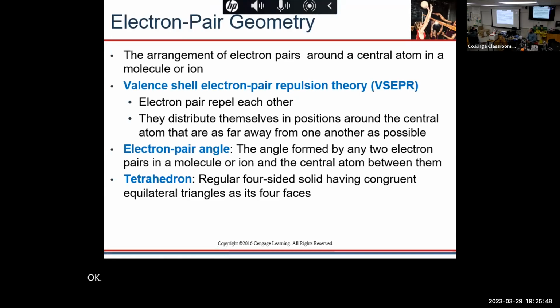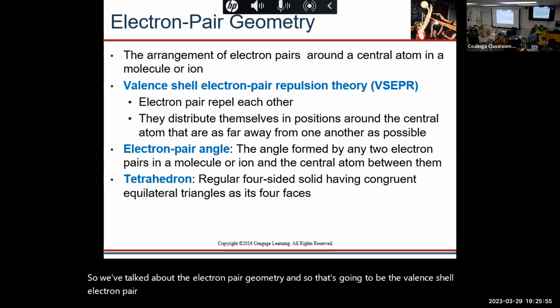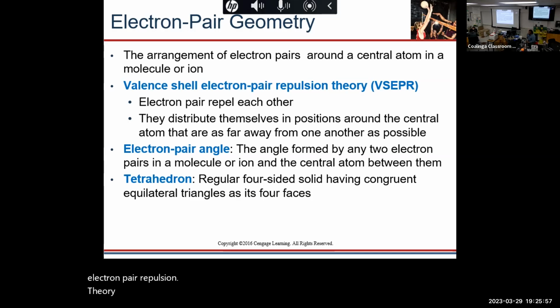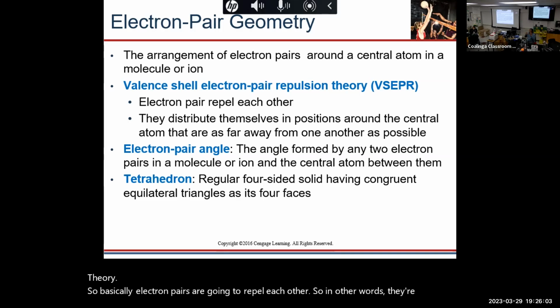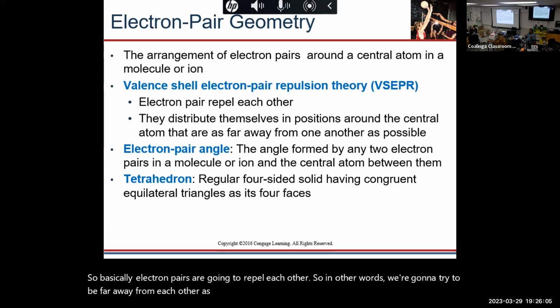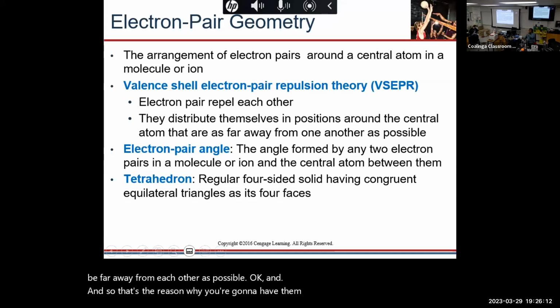Okay, so we've talked about the electron pair geometry, which is going to be the valence shell electron pair repulsion. Basically, electron pairs are going to repel each other, so they're going to be as far away from each other as possible, and that's the reason you're going to have them distributed at different poles.